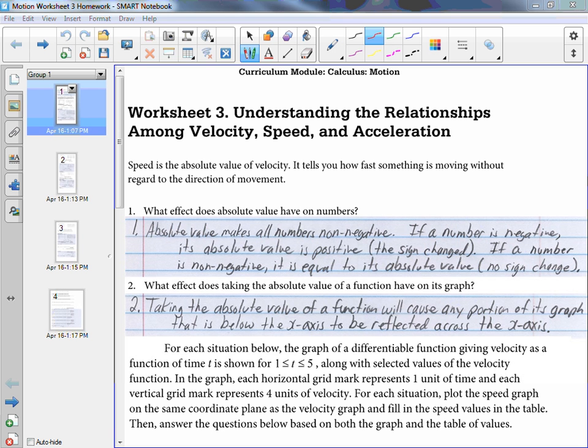Okay? What effect does taking the absolute value of a function have on its graph? Well, if we had a graph that looked like that, and we took the absolute value of it, guess what would happen to that negative part? It'd flip up here. Okay? So taking the absolute value of a function will cause any portion of its graph that is below the x-axis to be reflected across the x-axis.